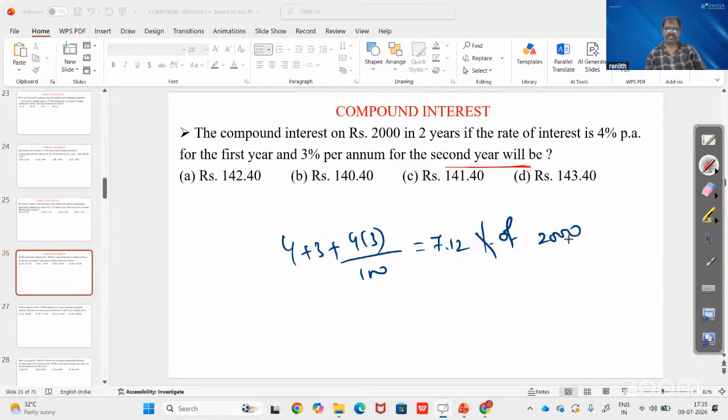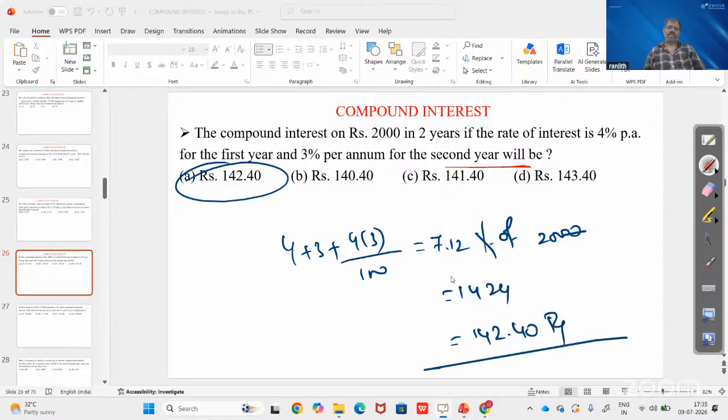Where percentage is cancelled, 7 twos are 14. So that will be equal to 1424. So the answer is 142.40. Amount equal to 142.40.